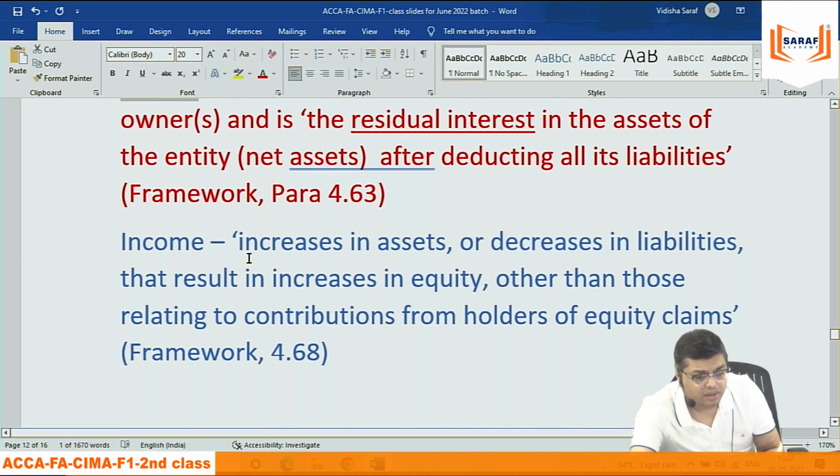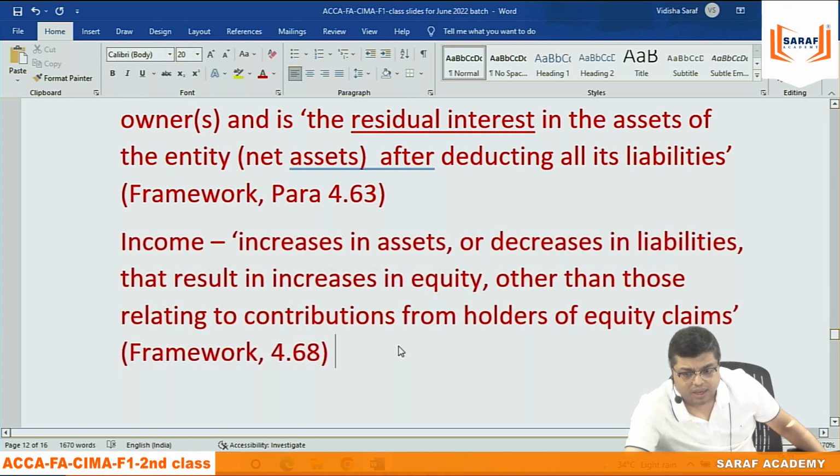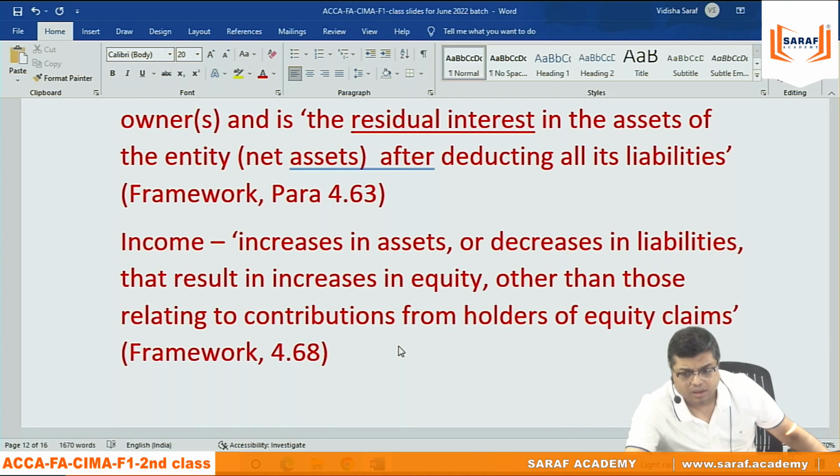Income. Increase in assets, decrease in liability, result in increase in equity, other than those relating to contribution from the owners. Again, please focus on the definition. Somebody called me many times, sir, increase in assets, how is it an income? Suppose I am selling goods on credit. मैंने goods उधारी में बेचा.